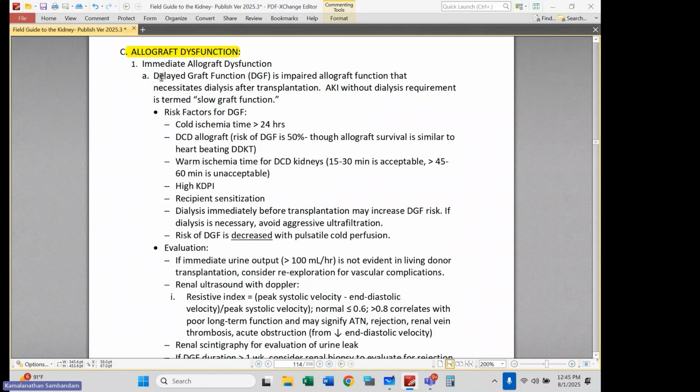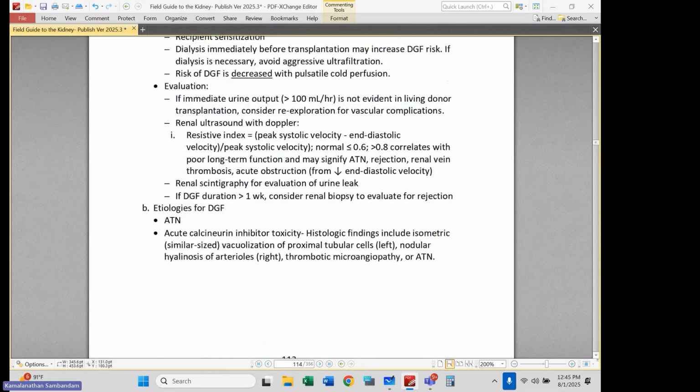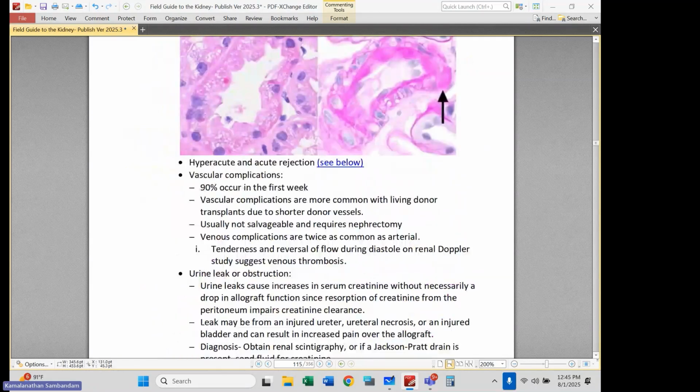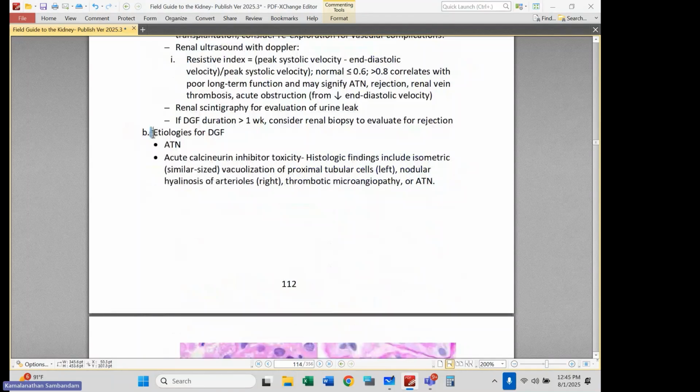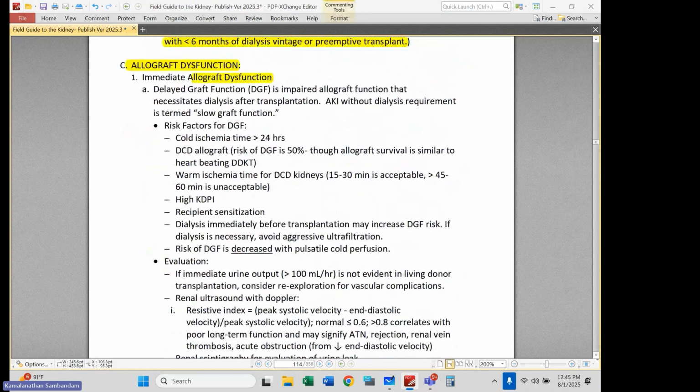Okay, so immediate allograft dysfunction might be caused by a variety of factors. Okay, so we're going to capture those in this next discussion. Let's define allograft dysfunction. You are able to use the label DGF if you require dialysis after transplantation.